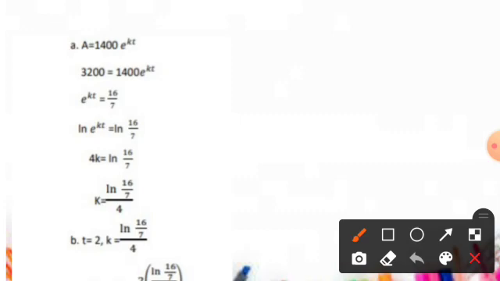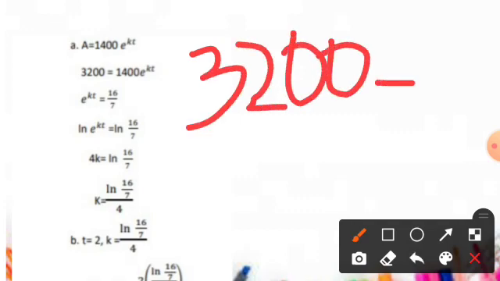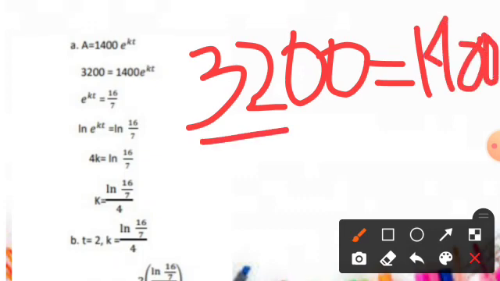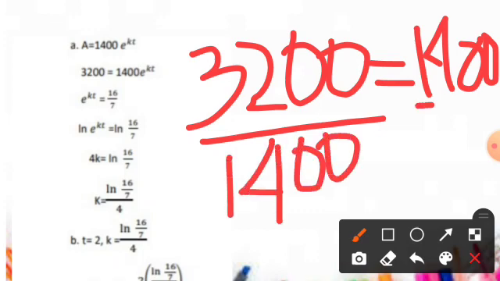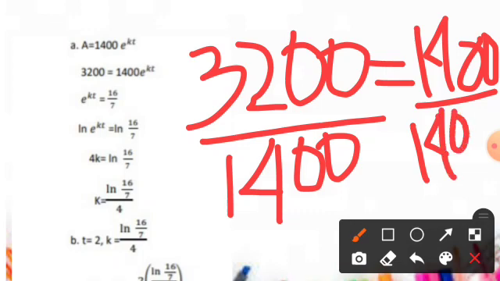So we're going to divide 3,200 by 1,400, the number of bacteria, so the 1,400 cancels. So 3,200 divided by 1,400. The answer is 16 over 7 in fraction form. So e raised to kt is equal to 16 over 7.